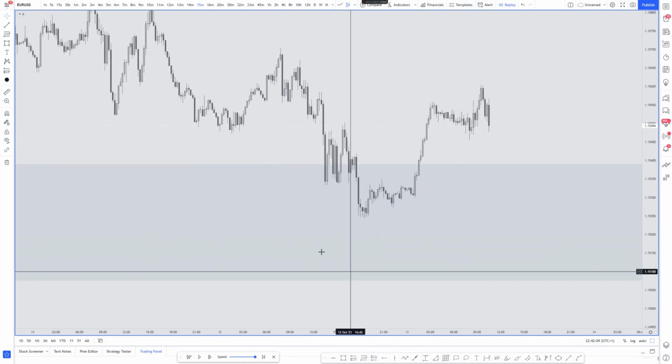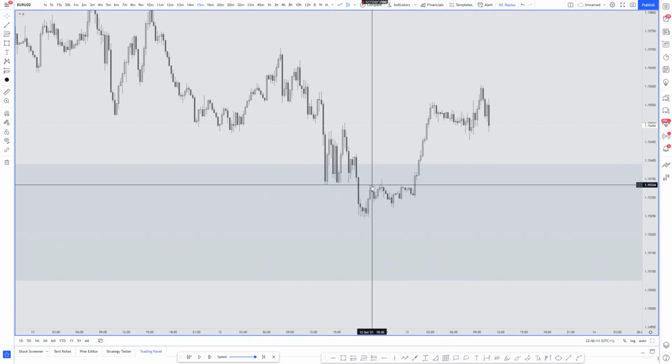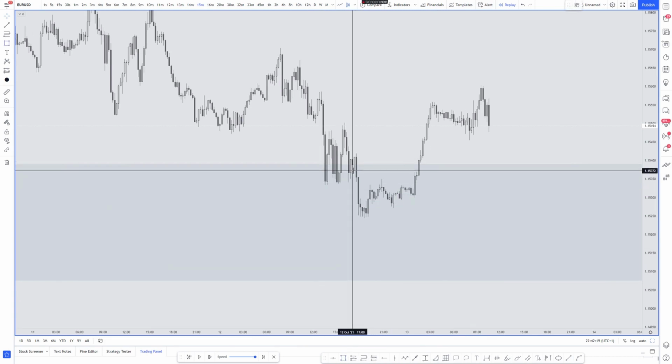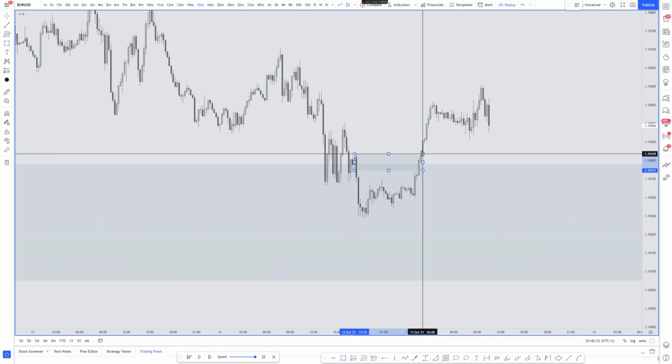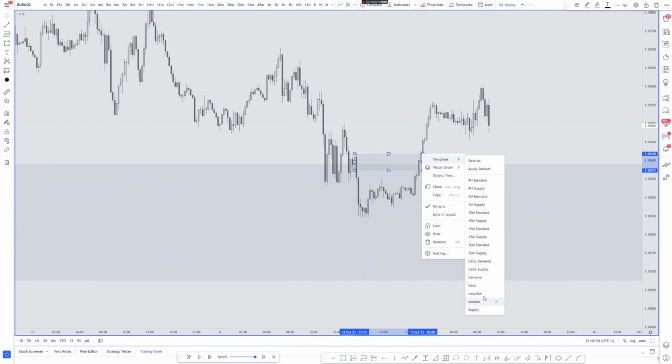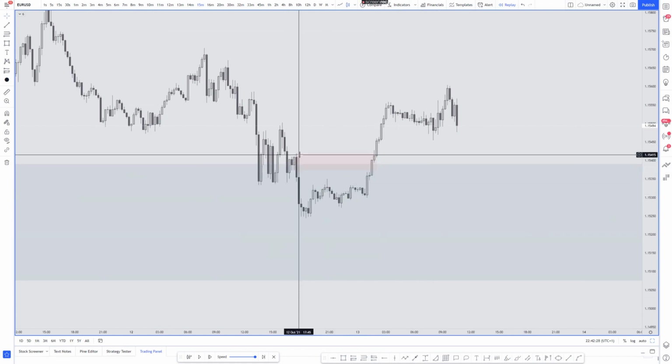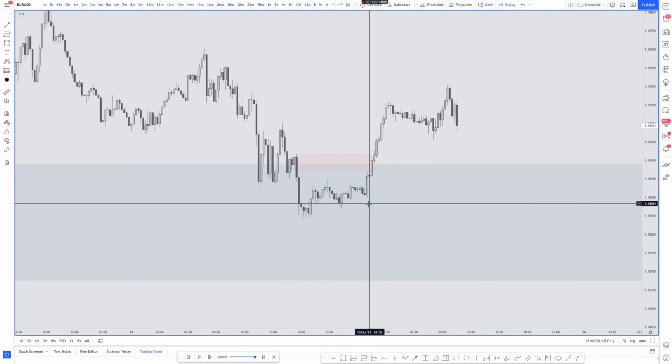And what I mean by change of character is, once again, we swept the lows, we swept the highs. So just to show you here, now if this is our last form of supply, when you're pulling these supplies, I want you to look at something here.